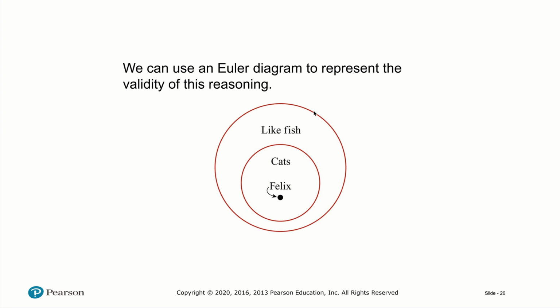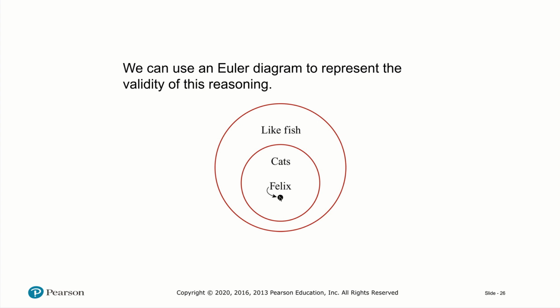So in the largest circle, we have all creatures that like fish, basically, right? Now, as a subgroup of these creatures, we know we have our good old cats, right? The felines. Now, within that subgroup, we know that we have a certain individual called what?